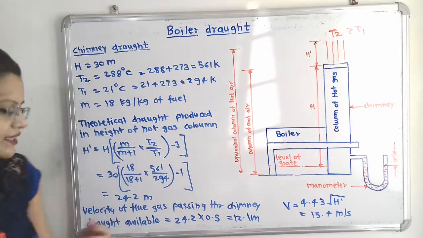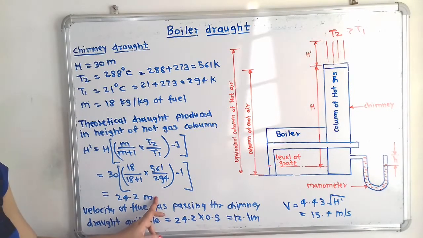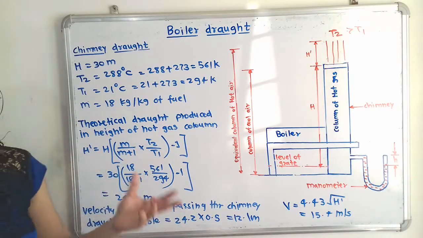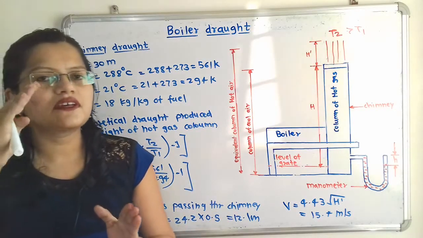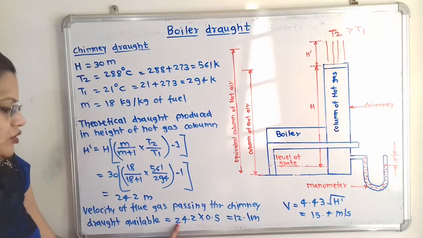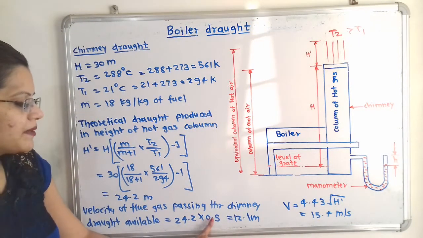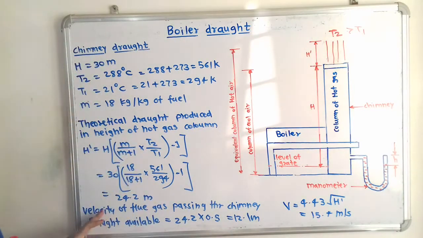So we have to take the draught available, that is total draught is 24.2 and lost draught is 50%. So available draught is remaining 50%. So 50%, that means 50 by 100, so we will take here 0.50. So 24.2 multiplied by 0.5, which is equal to 12.1 meter. So this is the draught available.